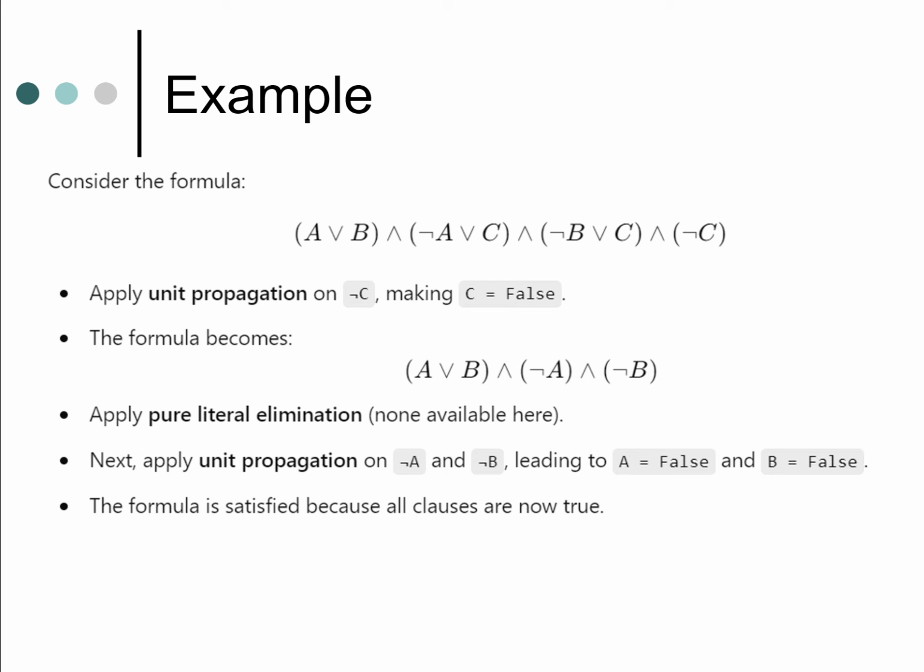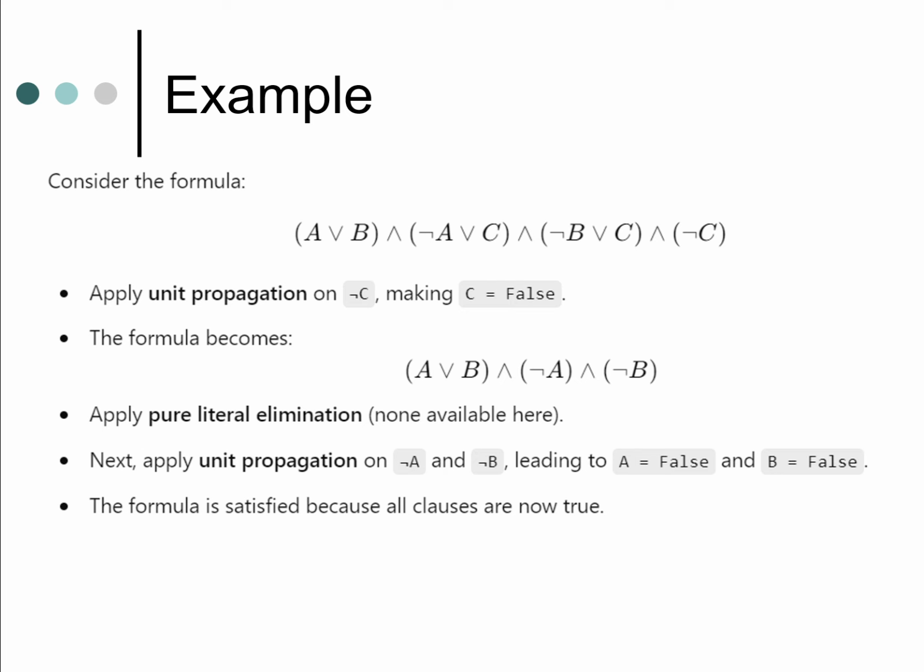So we apply unit propagation on not C and make C equal to false. Once C has become false, with the value 0, where C has been located it vanishes. So we have (A or B) and (not A) and (not B). C in the second and third clauses has vanished, and the not C clause has also vanished.